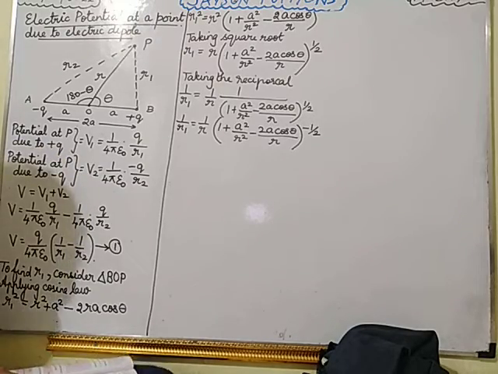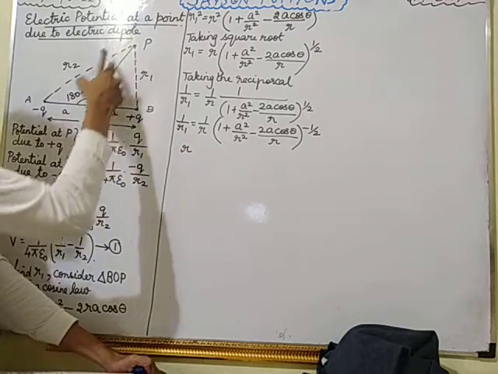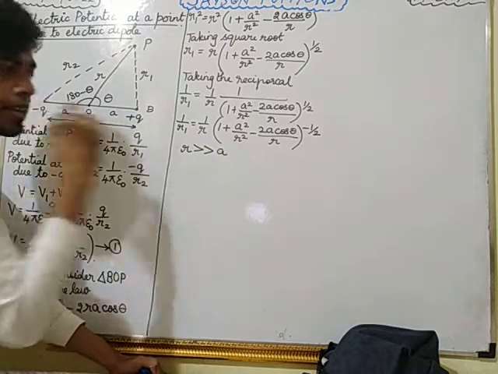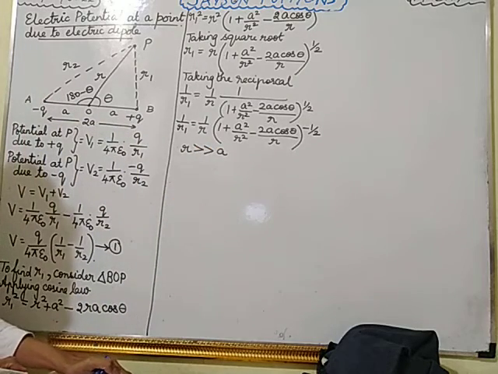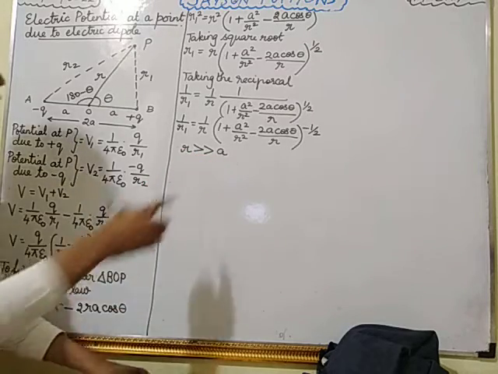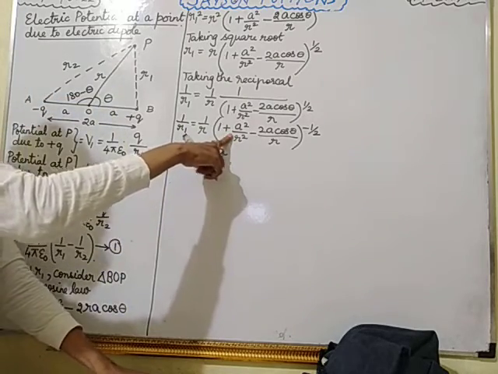Now I am going to consider this distance R. This distance R is very much greater than A. If the distance R is very much greater than A, if you divide these two, you will get a very small value.